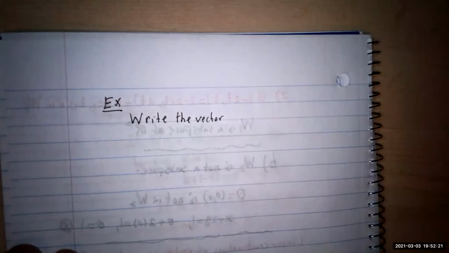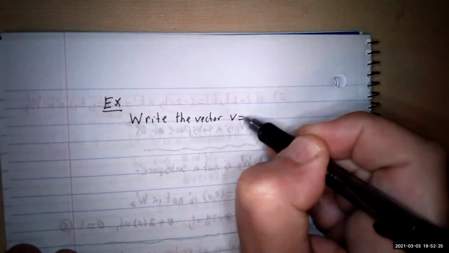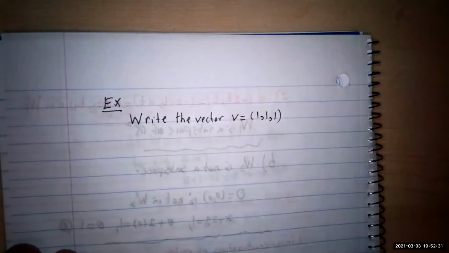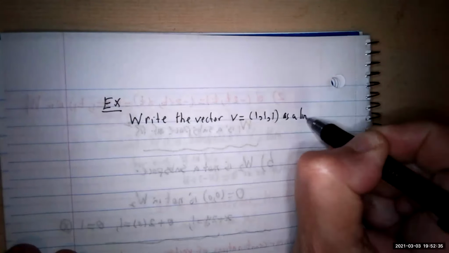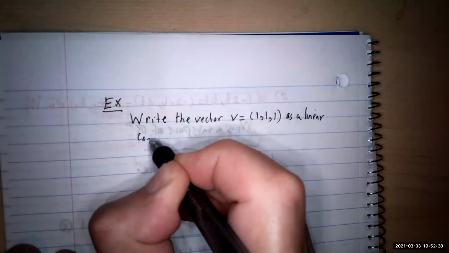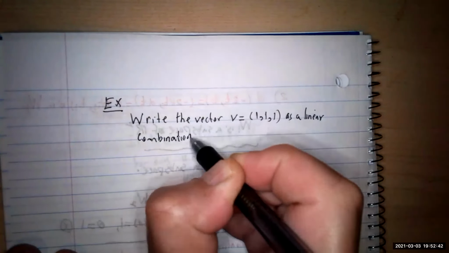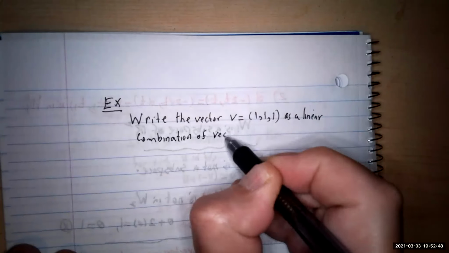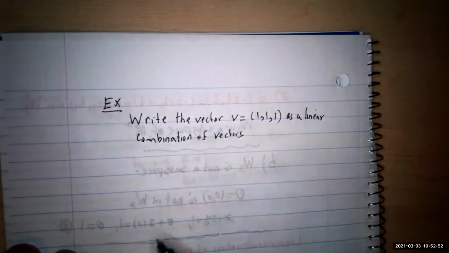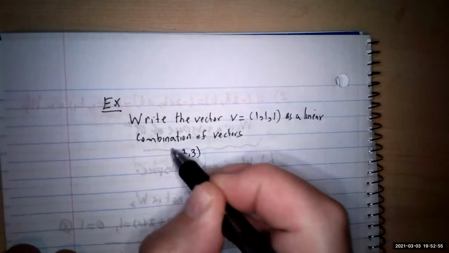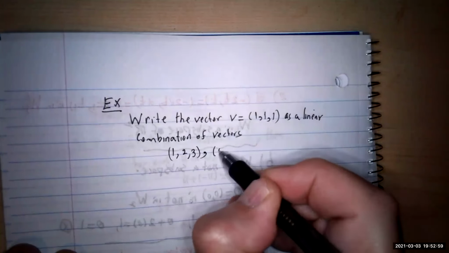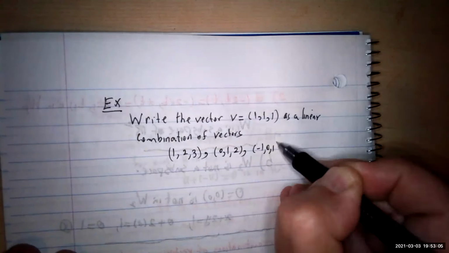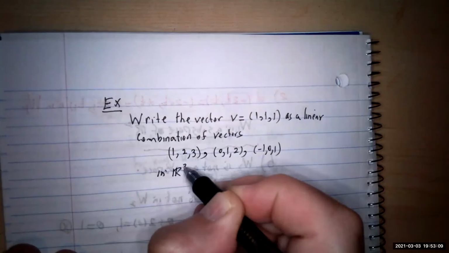We'd like to write the vector V, which is equal to (1, 1, 1), as a linear combination of these vectors: (1, 2, 3), (0, 1, 2), (negative 1, 0, 1) in R3.